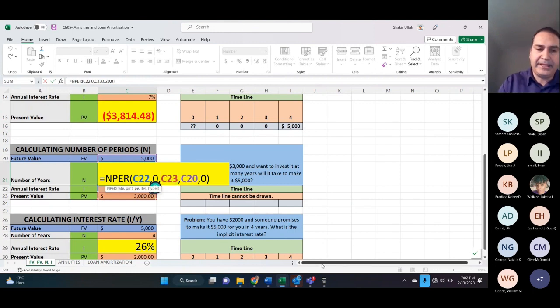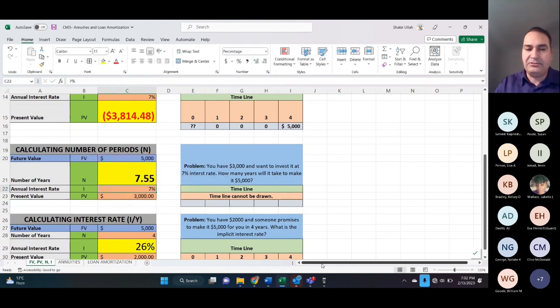So I can put a negative right here within the formula, and it still gives me the correct answer. And that answer is 7.55 years. So it will take almost 7.5 years for my money to be brought to 5,000 from 3,000 at an interest rate of 7%. Make sense?